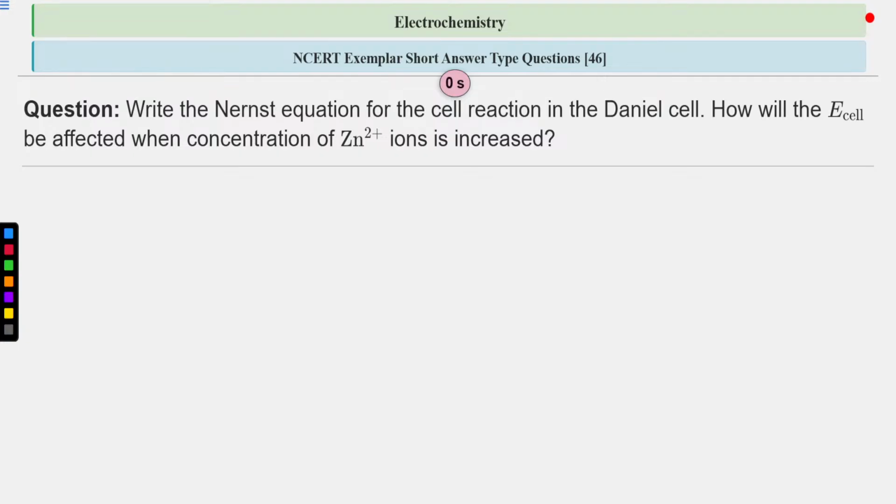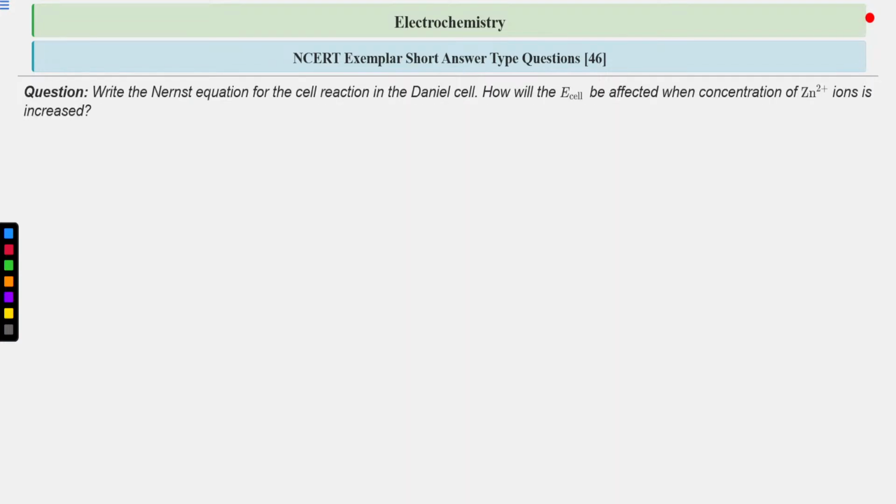So this is the cell representation for the Daniell cell, which we have seen already: Zn to Zn2+, salt bridge, Cu2+ to Cu. One represents the anode, the other the cathode.